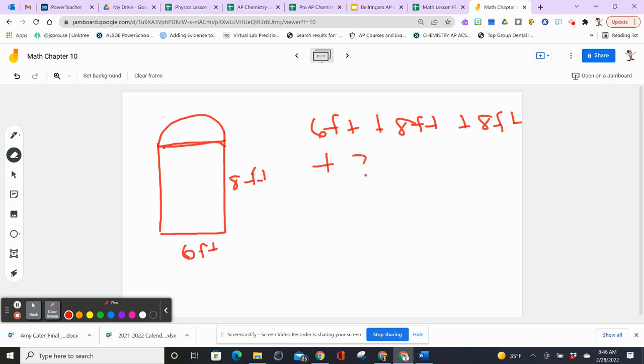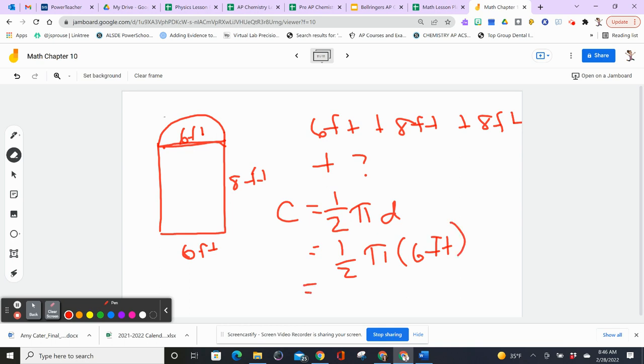For the semicircle, the circumference is 1/2 pi times the diameter, because we have half a circle. The diameter is the distance all the way across the window. So it's 1/2 times pi times 6 feet.